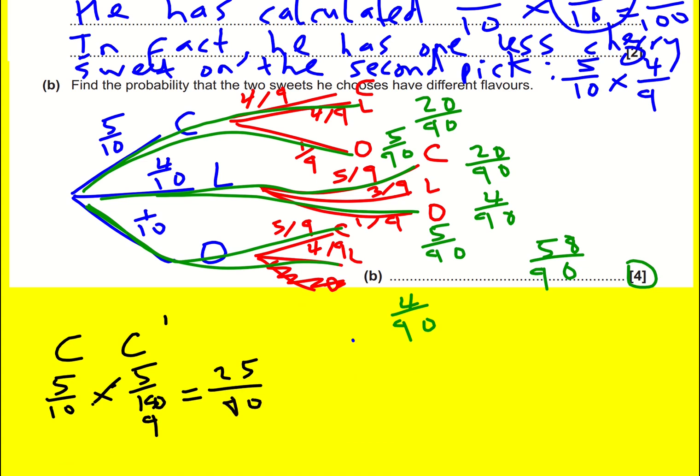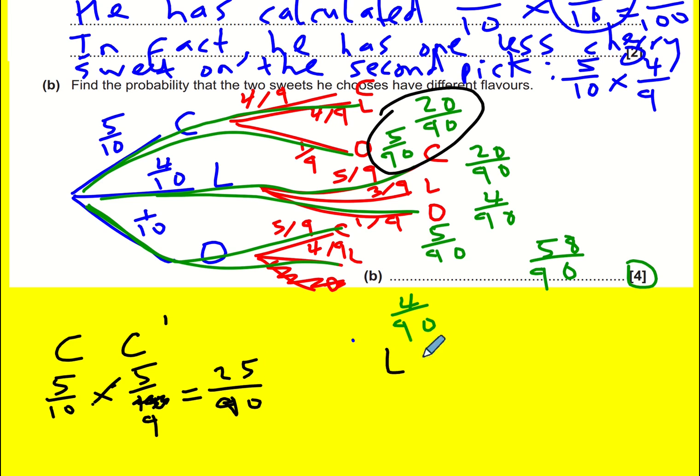Right, I'm just going to say that again. Cherry and not cherry. Probability of me picking a cherry is 5/10. Probability of me then not picking a cherry, well, there are 9 sweets left. I made a mistake the first time round. There are 5 that are not cherry because there's 4 lemons and 1 orange, and I multiply that together, and that'll give me 25/90. And that is essentially me getting these two here. I've just done it more quickly without a tree diagram.